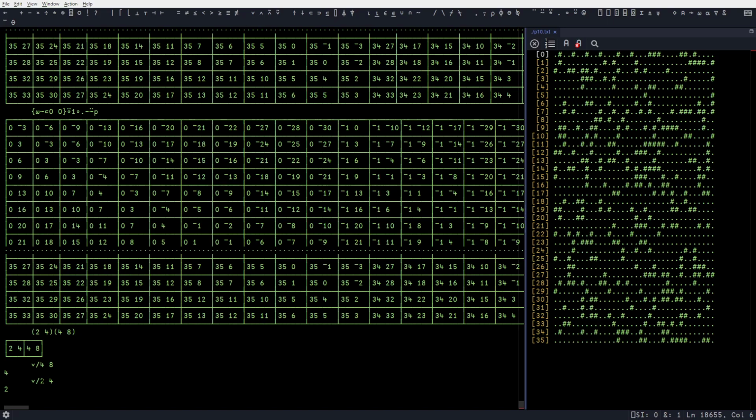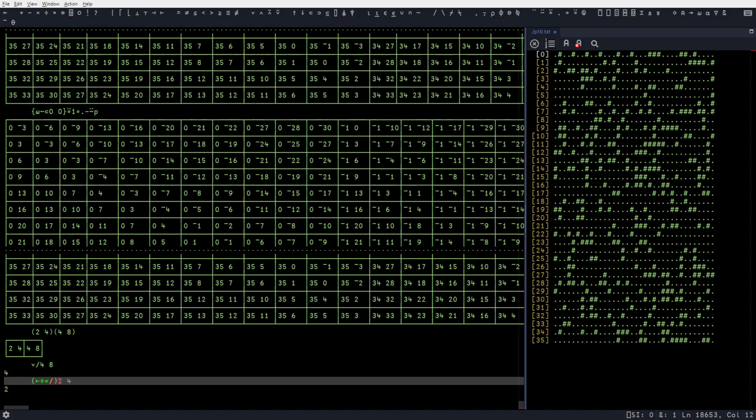It goes into 2 once, which gives you 1, and it goes into 4 twice, which gives you 2. So what if we basically say, hey, can you find me the greatest common divisor and then actually divide that input by that divisor?